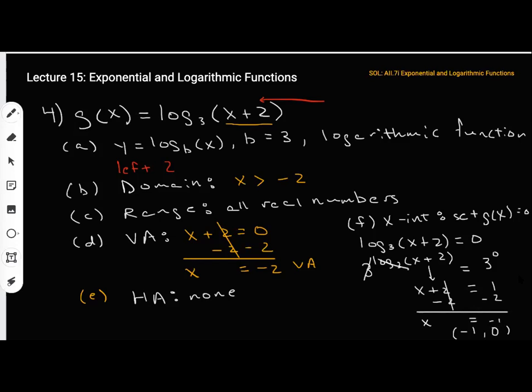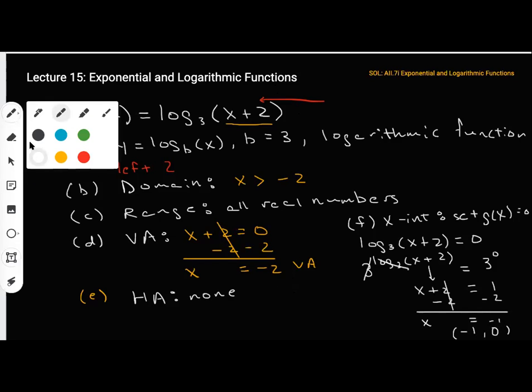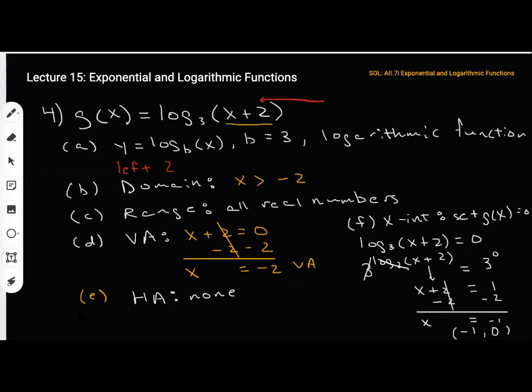Okay. Now let's do the y-intercepts. So for the y-intercepts, it's going to be a little bit different. What you want to do is set the variable x equal to 0, and we'll figure out what happens when we do that.